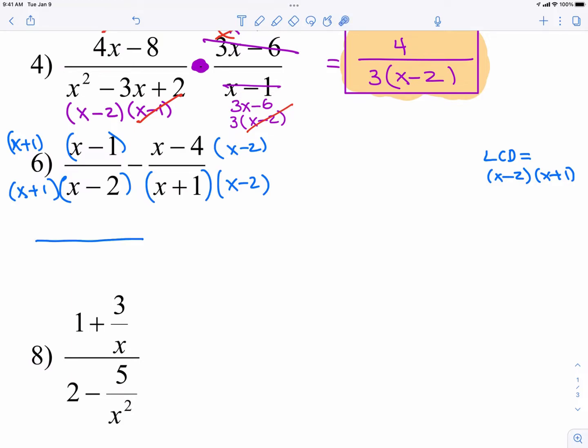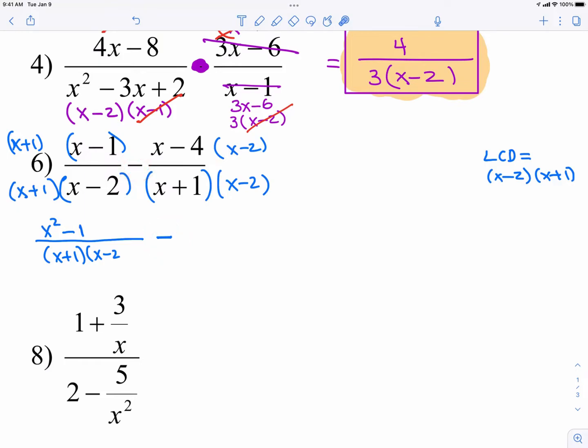Now, when you distribute the x plus 1 times x minus 1 on the top, you're going to get x squared minus 1. The middle terms will cancel each other out. And that's going to be over your common denominator of x plus 1 times x minus 2. We bring down the minus sign that's in the middle.